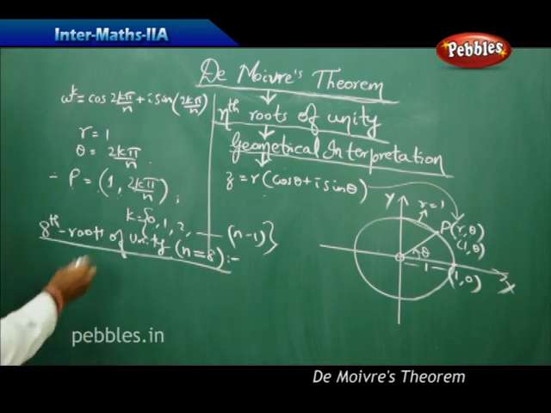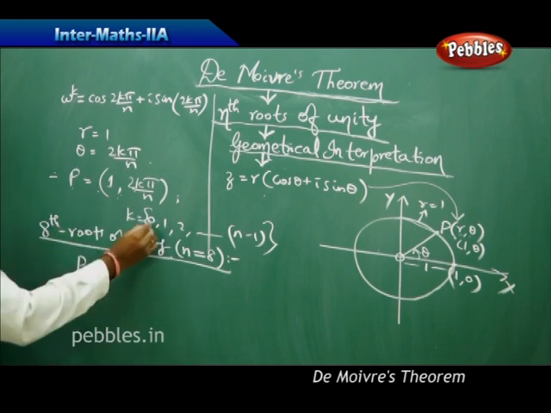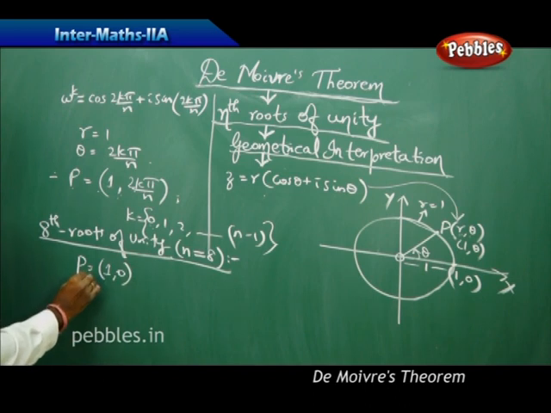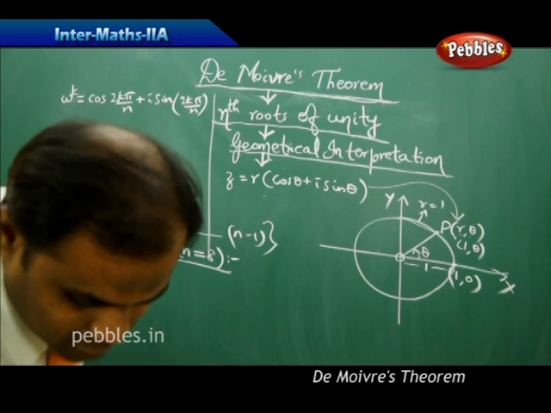Therefore, substituting n equal to 8, my first point when I take k equal to 0 is 1 comma 0, which I denote with P naught.